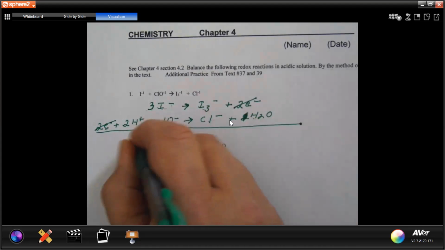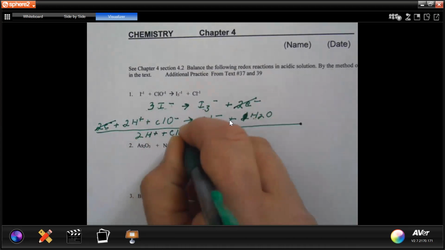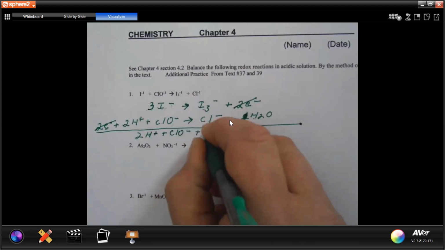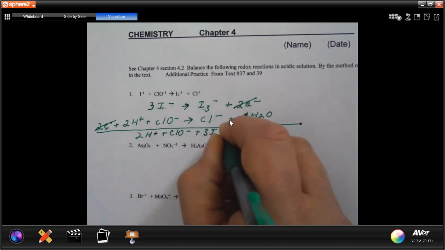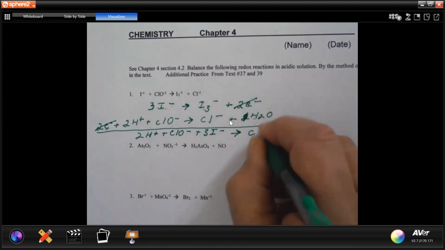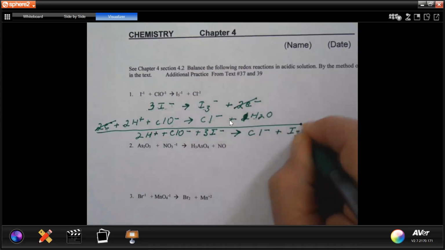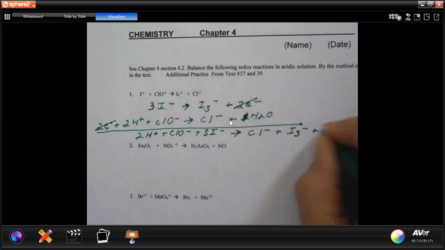So I end up with 2H+ plus ClO- plus 3 I-, changing into Cl- plus I3- plus H2O.